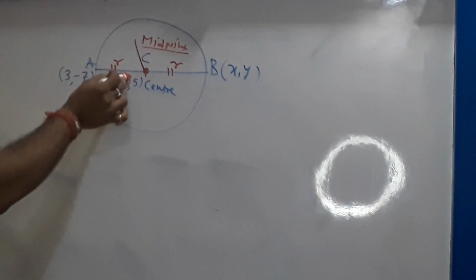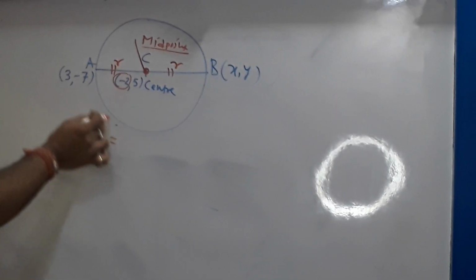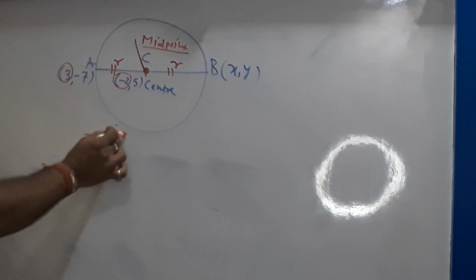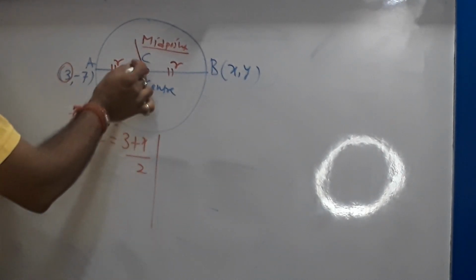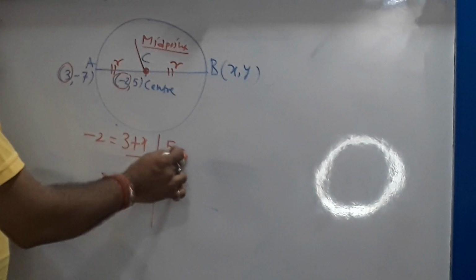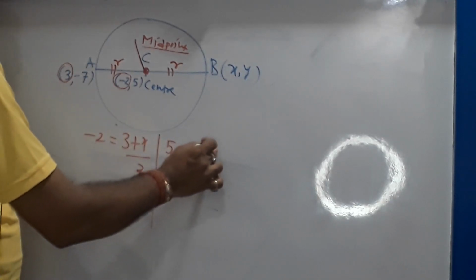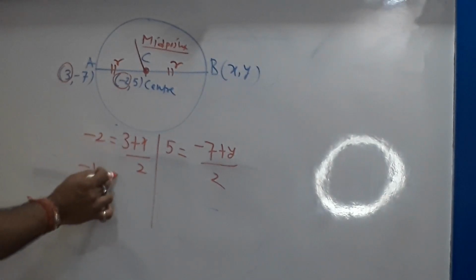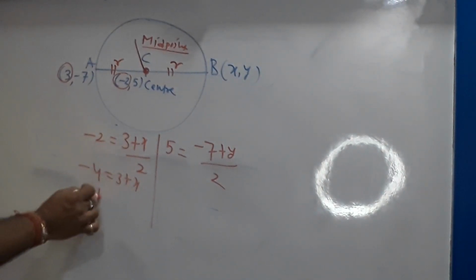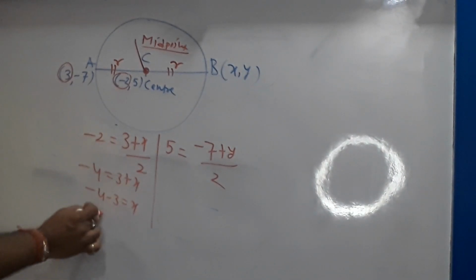So apply the midpoint formula. The first coordinate is -2, which is equal to 3 plus x, divided by 2. The second coordinate of C, 5, is equal to -7 plus y, divided by 2. Solve. -4 is equal to 3 plus x. -4 minus 3 is x. x is -7.